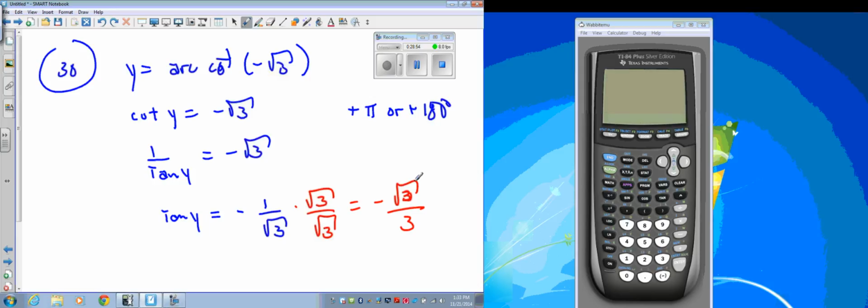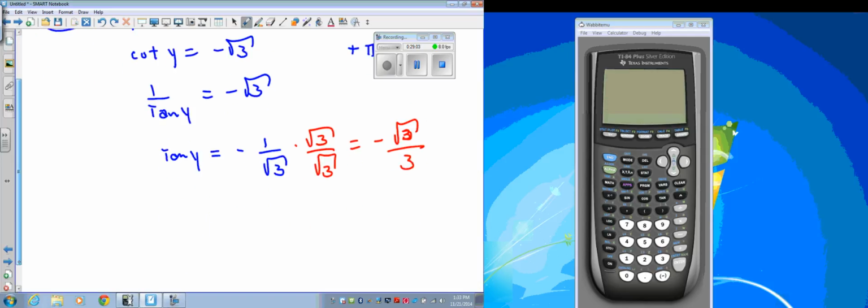Now what we're going to have to reason out is, because we don't know what this is, we got to reason it out this way. We have to say tangent is really sine over cosine. And so where does sine over cosine give me square root of 3 over 3, in the range from minus pi over 2 to pi over 2? Well, it's got to be what?